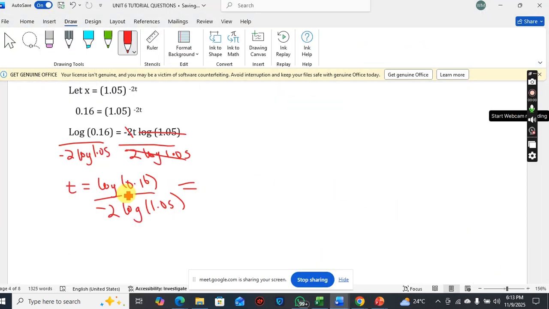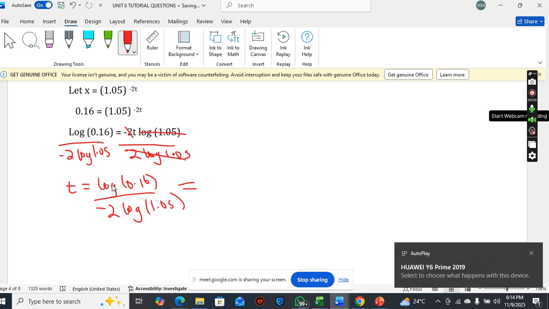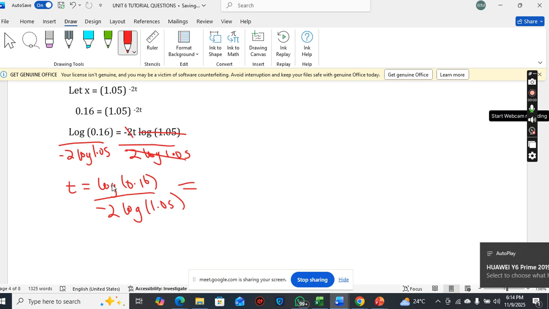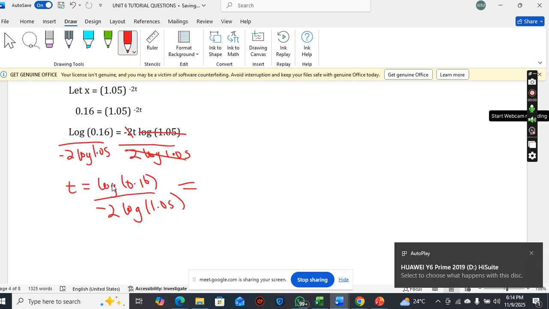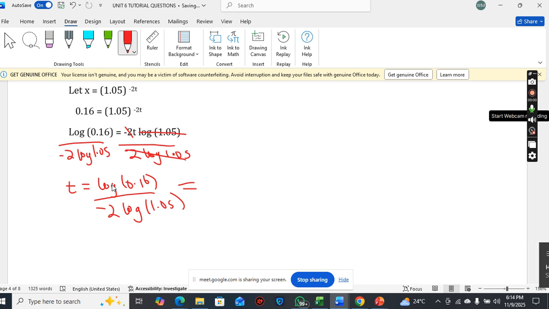I was saying on your calculators, put log 0.16. What value do you get? Are we getting negative 0.795?